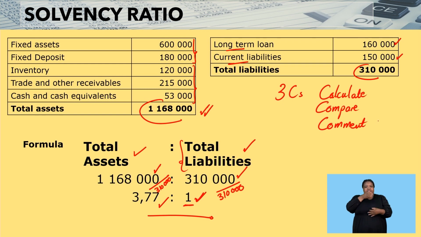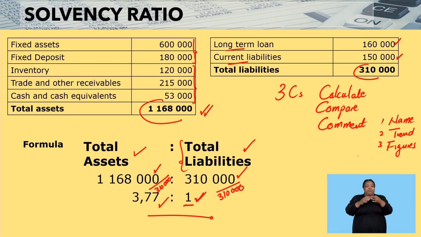When we are commenting, we should split it into 3 as well. Number 1, we mention the name of the financial indicator. We should also mention the trend, that is either an increase or a decrease. And very important, we should include figures.